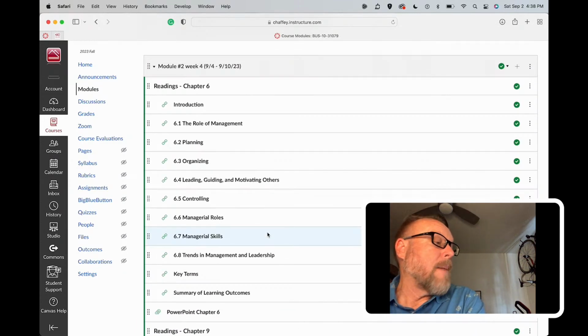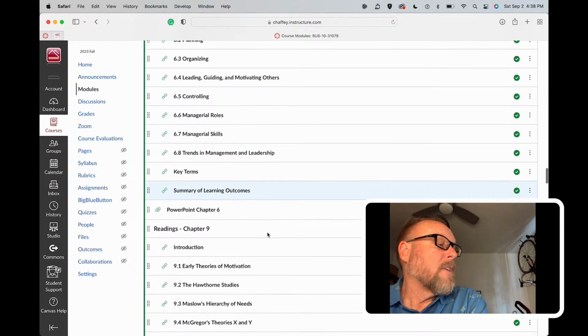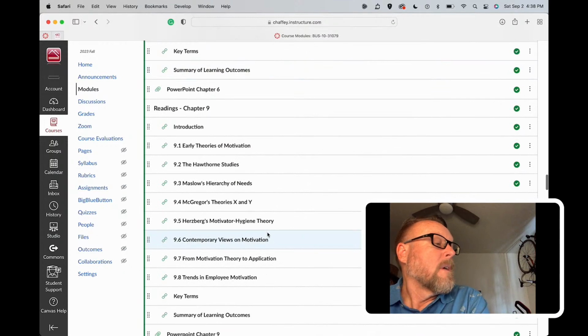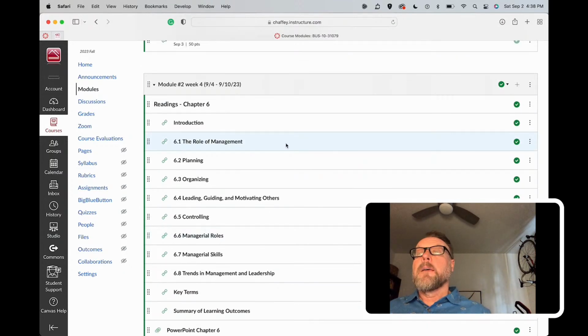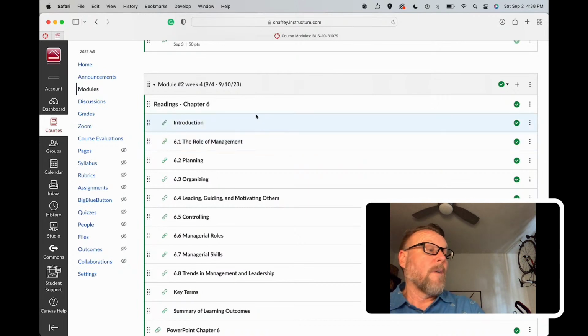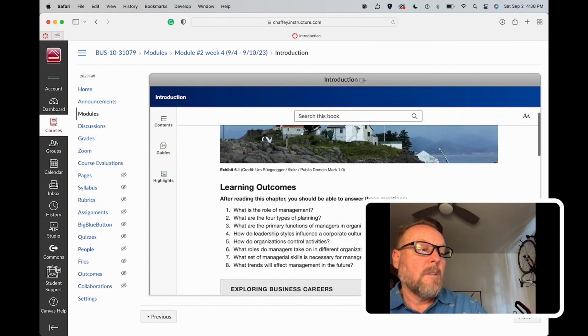So looking at chapter 6, the role of management as well as leadership, and then chapter 9, the theories of motivation. I just want to encourage you when you're going through the book that you can read it right here in Canvas. You select the page, read it, and scroll down to the next page.